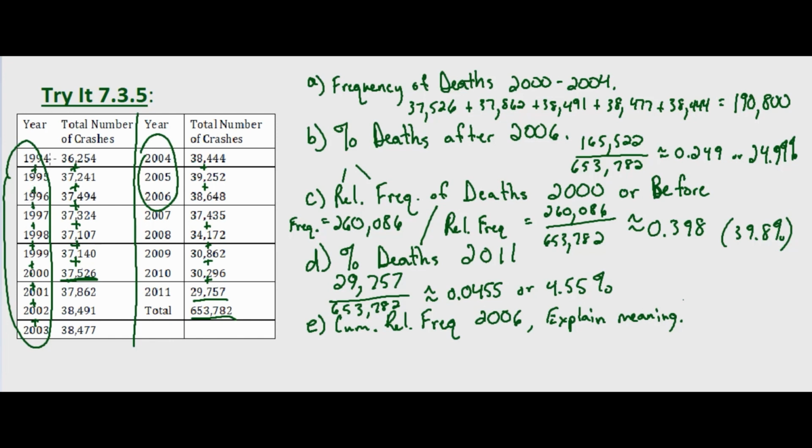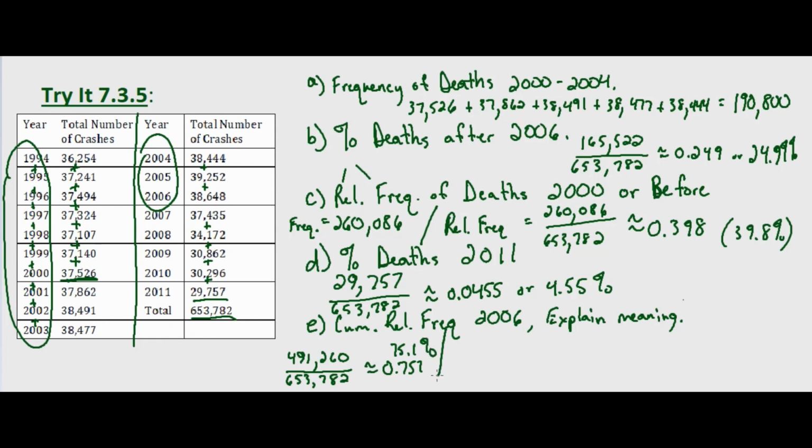When we do that, we get 491,260. We're going to divide that by the total, which again is 653,782, and that is approximately 0.751 or 75.1%.